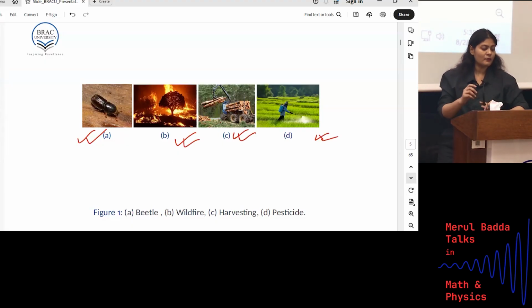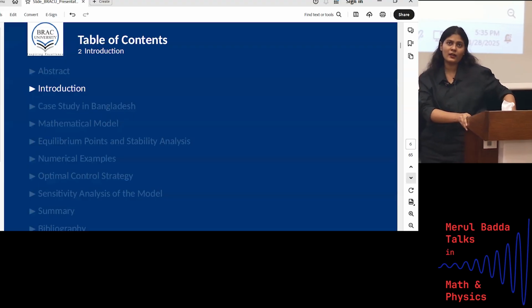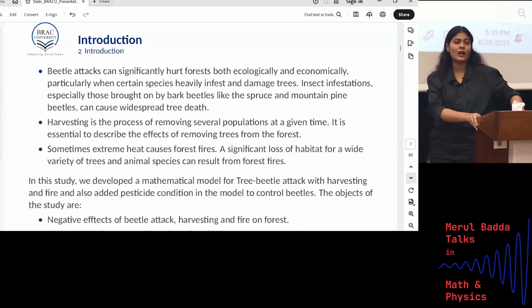Introduction. Beetle attacks can hurt our ecosystems and our forest, and forest doesn't mean only trees. It can also hurt the animals in the forest. Then what is harvesting? Harvesting means removing a certain number of the population at a given time.